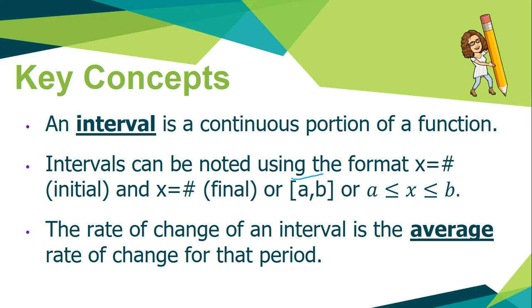Normally, we're going to see this form for an interval, or we might see this part too, with the x going to a number and to a number. Now, the rate of change of an interval is the average rate of change for that period. It's not necessarily going to be a constant rate of change. It depends what kind of graph or function you're looking at.